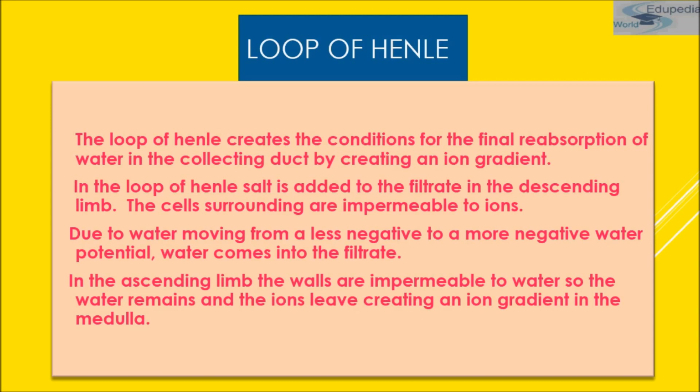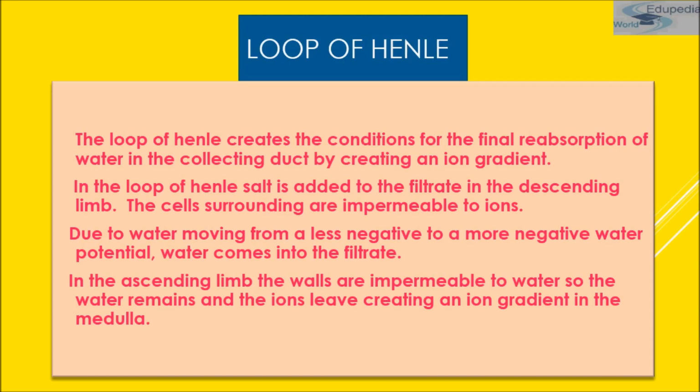The descending limb is permeable to water but almost impermeable to electrolytes. Water is progressively reabsorbed when filtrate passes down the descending limb, and hence the filtrate becomes progressively hypertonic.